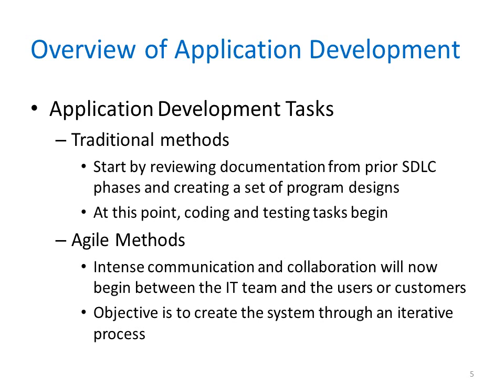When you create program modules using a structured or an object-oriented method, you start by reviewing the documentation from the prior software development lifecycle phases and creating a set of program designs. If you built a documentation file early in the development process and updated it regularly, you now have a valuable repository of information.